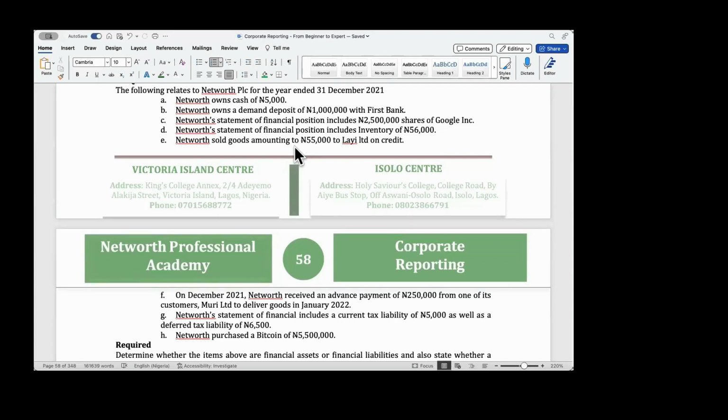Okay, so Net Worth has a financial asset. Okay, that's correct. So is there a financial instrument contract here? Yes, there's a financial instrument contract. It's a financial liability, I guess.